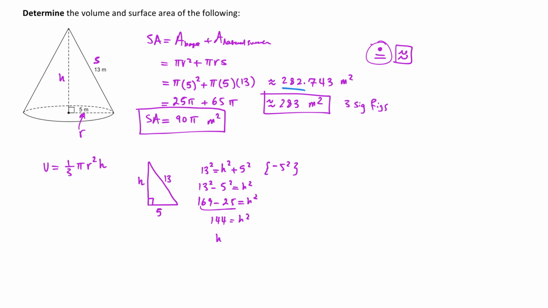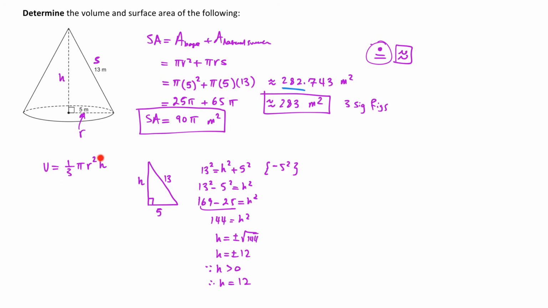So h, take the square root of both sides, and you get h is equal to plus or minus the square root of 144, which is h is equal to plus or minus 12. But since sides cannot be a negative value, h has to be larger than 0, therefore h is only positive 12 and not negative 12.